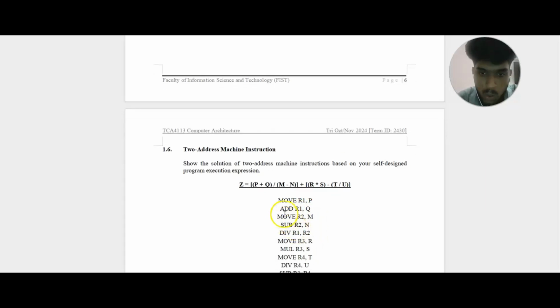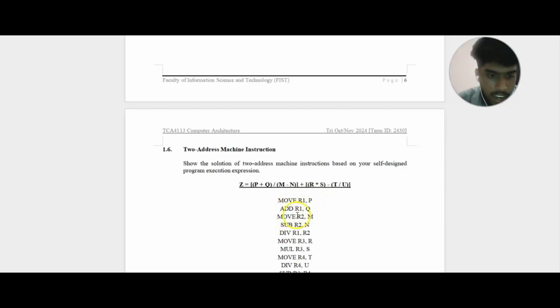The next part is two address machine instruction. In two address machine instructions, operations are done directly between registers or memory locations. Here is how we can compute the expression. For the first part, P plus Q and M minus N: move R1, P, which means move P to register R1.